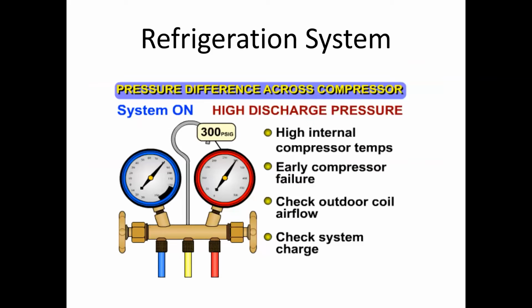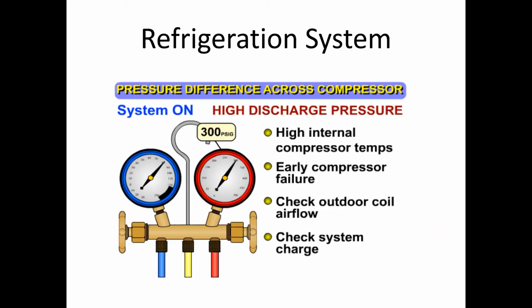So a high discharge pressure can often be caused by having your outdoor coil dirty, right? If we restrict the air that's going through our outdoor coil, it's going to make our discharge pressure go up. It's going to make the compressor heat up. It's going to have us pull higher current on that compressor.